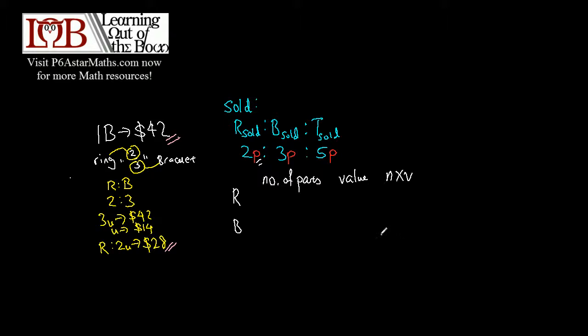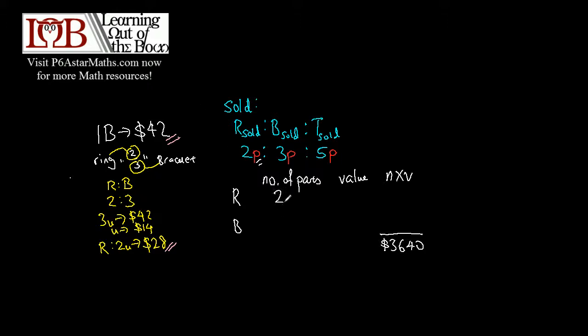Okay, and the total should add up to 3640. Okay, why? Because now we don't know the exact quantity of the rings and the bracelets sold, but we know that 3 parts. In this case, for the ring is 2 parts.